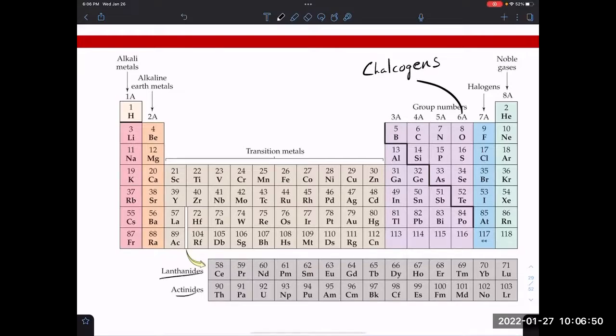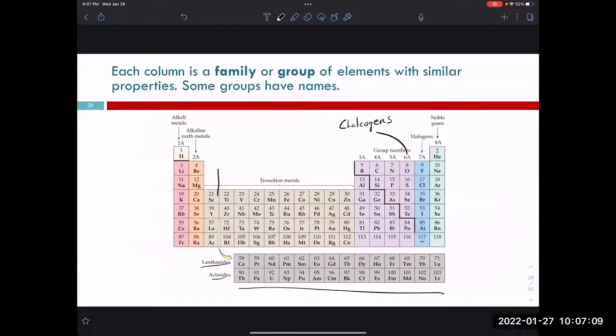And then the lanthanides and actinides, which are usually pulled out because they would split the periodic table here. These 14 elements across, there's 28 elements in total, but to keep this periodic table from being super long, we usually split them out. We'll talk more about why they're doing these groups in a later chapter.